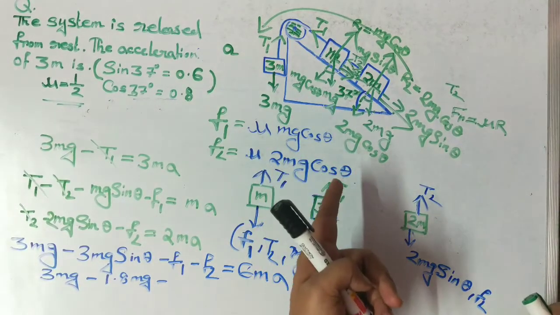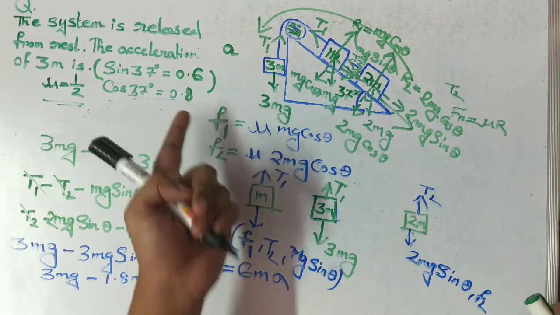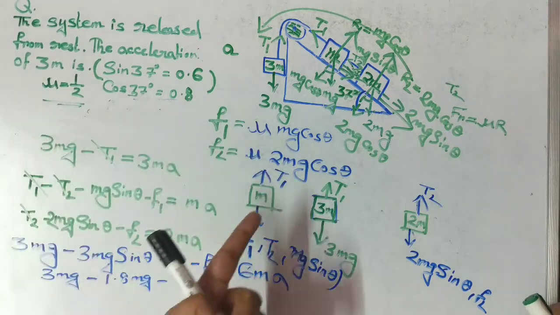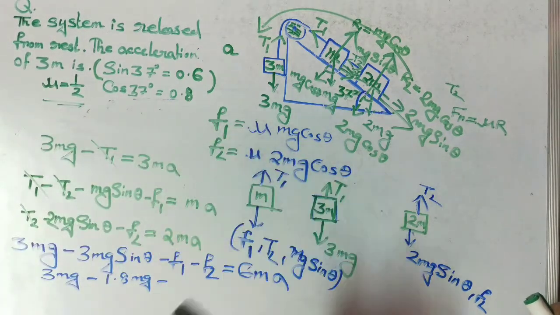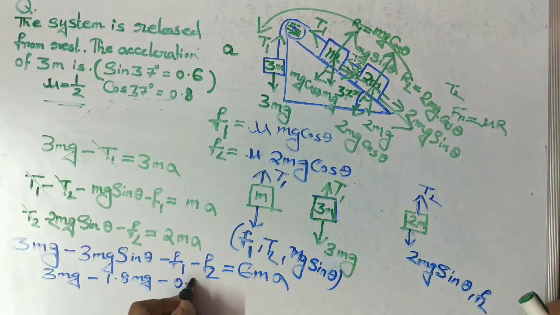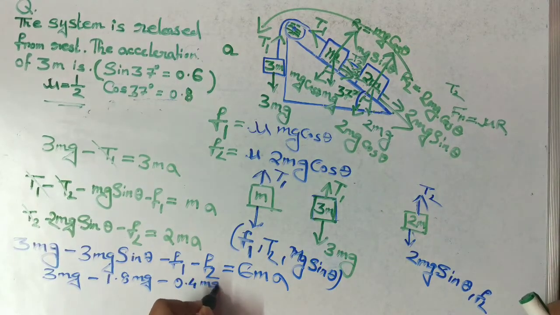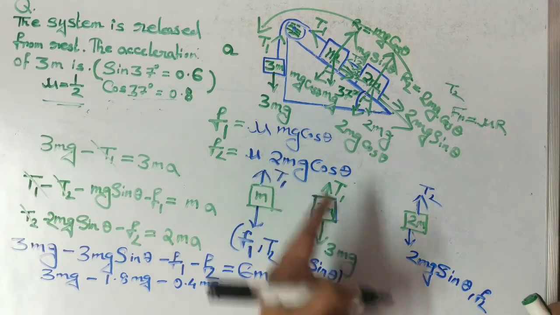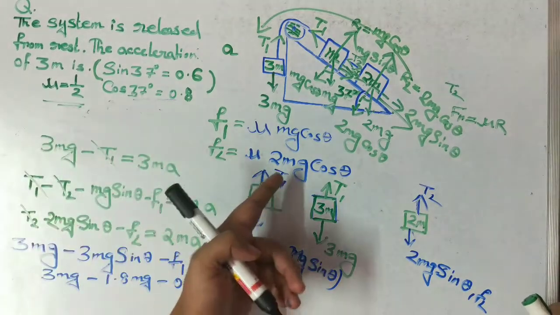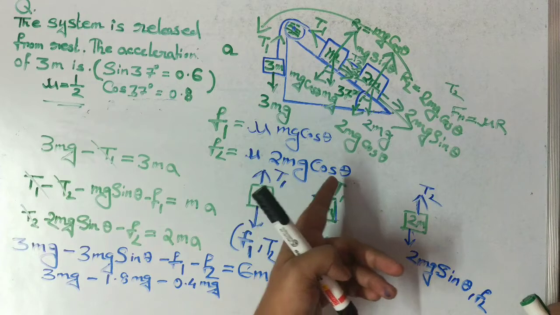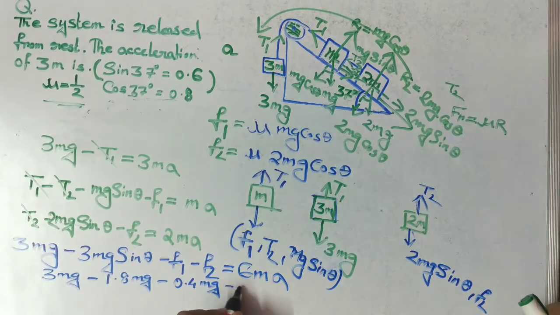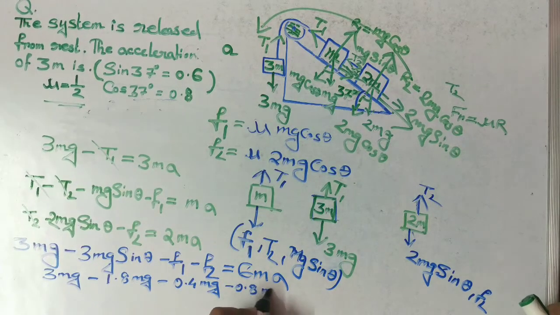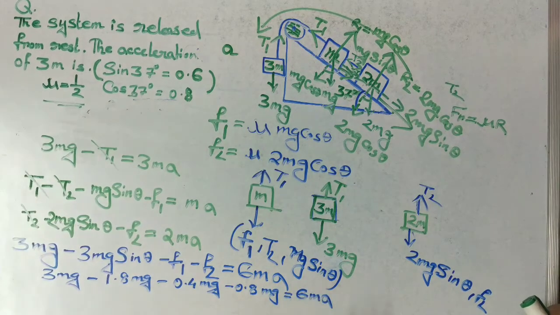Mg cos theta, cos theta means 0.8, and mu equals 0.5, that means F1 equals 0.4mg. And mu times 2mg, that means the half and 2 will be cancelled out, and mg cos theta equals 0.8, that means 0.8mg equals 6ma.